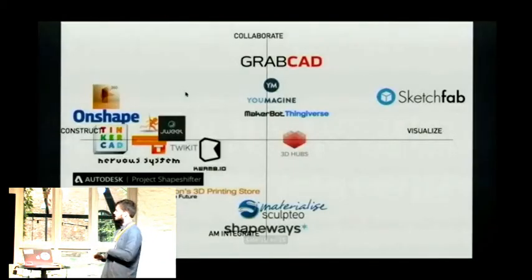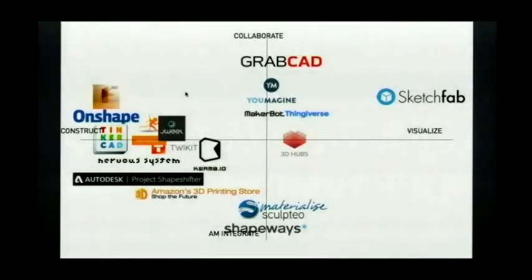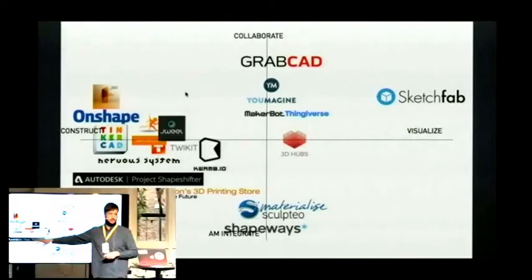How do they allow you to visualize? So that would be on different platforms, or actually the viewing of the object on the website. And also, how do they integrate with additive manufacturing? So this is putting it in a scheme, a sort of cross diagram. So you have quite a lot of services that focus on construction.